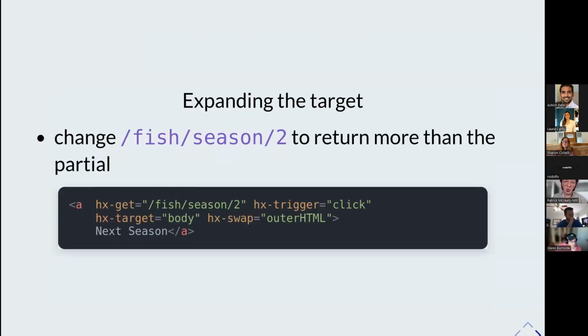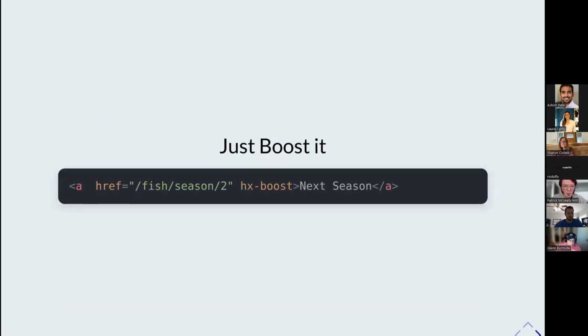So now we'll swap out the whole page, or even, we could wrap a div under fish if we wanted to replace it, get the new nav links, get the different title, all of that. At that point, we might as well just boost it, just put HX boost on there and just let it get the whole thing in a nice way.